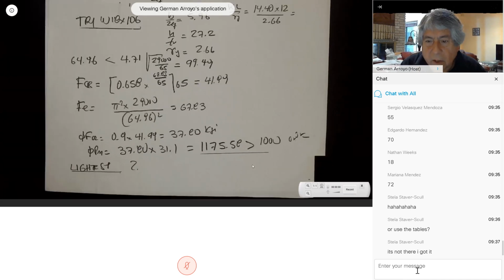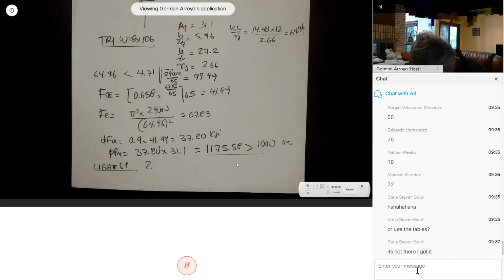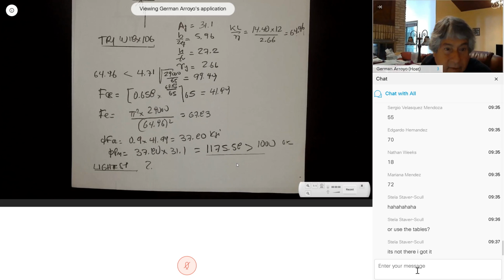This is okay, but it's not the best one. We need to check if this is the solution or we had another one. So I have to go to chapter 1 and look at the W18. The W18 by 106 worked.